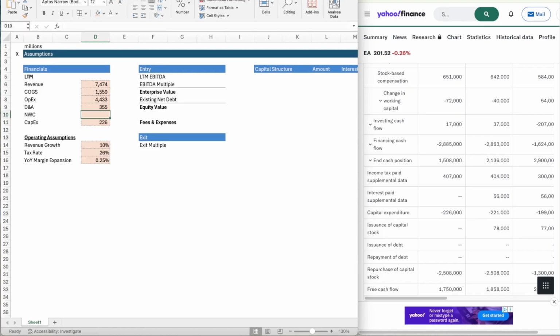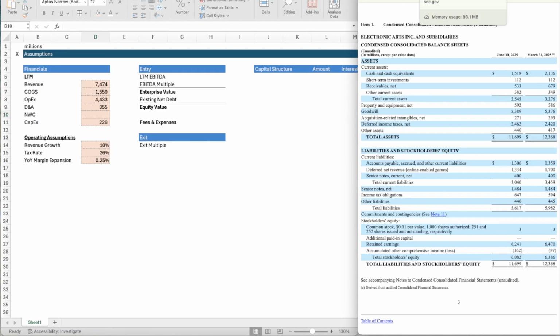Then the working capital, the way we're going to do this is, let's just get onto the balance sheet. It's current operating assets minus current operating liabilities. So 533 plus 382, minus 1306 plus 1334.